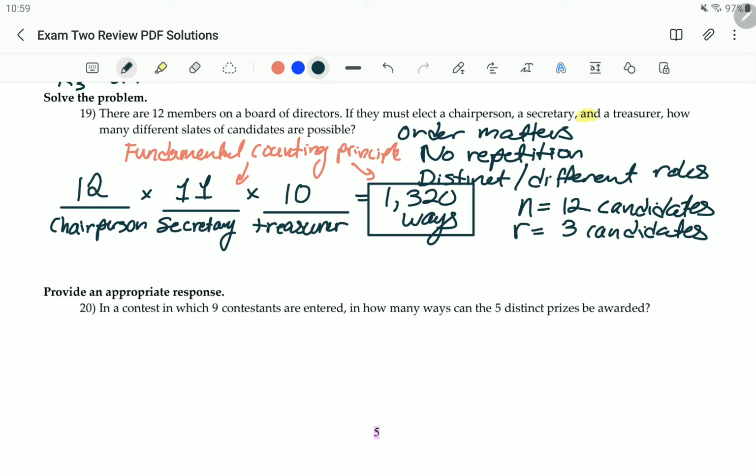And once again, the order is important. So that is the permutation. Let me block it off right here. That's going to be the permutation of 12 candidates, choosing 3, and the order matters.